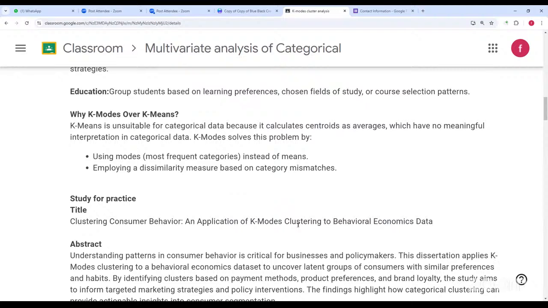Therefore, you can classify the product by the taste, by the culture.